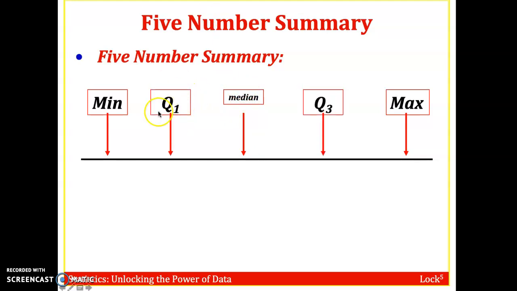And then the 25th percentile, Q1, will separate the bottom 25%. And then Q3 separates the bottom 75%. Notice that between each of these, 25% of the observations are going to be between the min and Q1. 25% of the data will be between Q3 and the max.